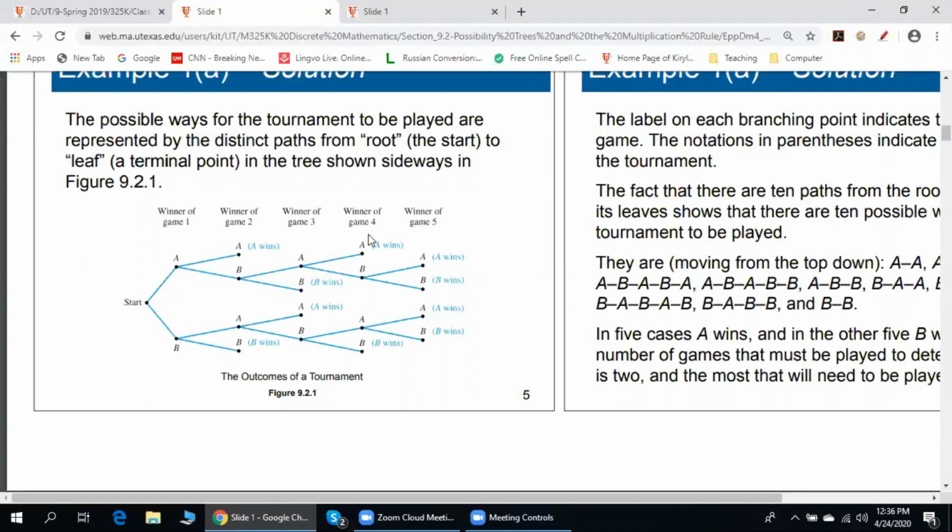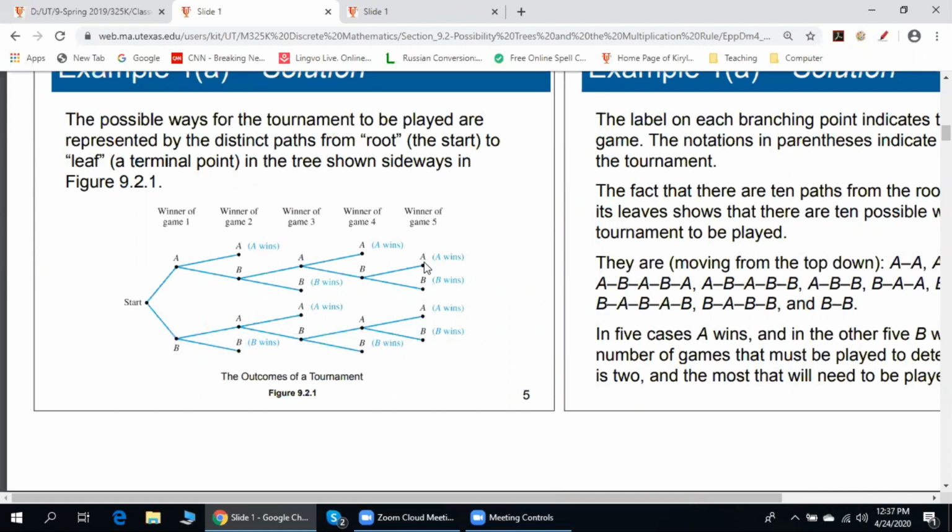Game 4. If winner is A, we stop. We have 2 wins in a row, and by the way, 3 wins in total. If B, we continue. Here, if winner is A, we continue. But if B, we stop because we have 2 wins in a row and 3 wins in total.